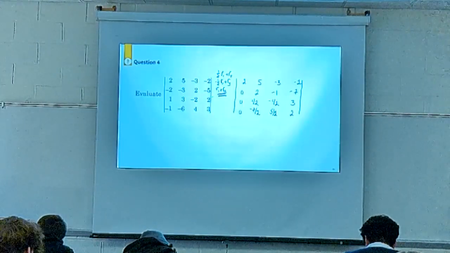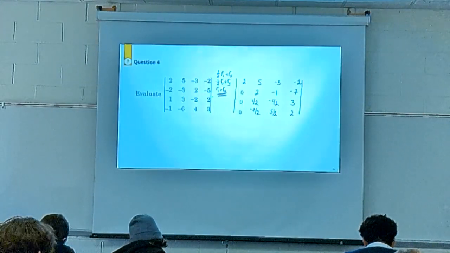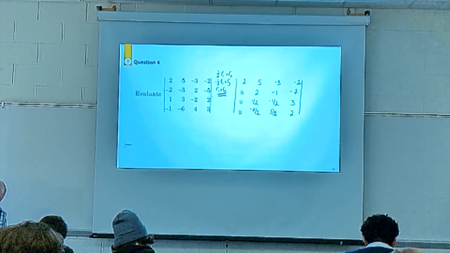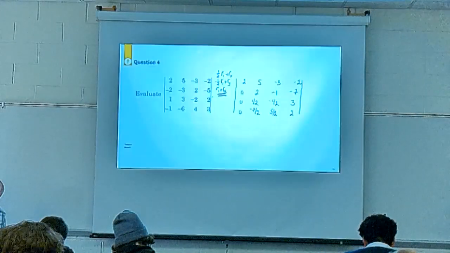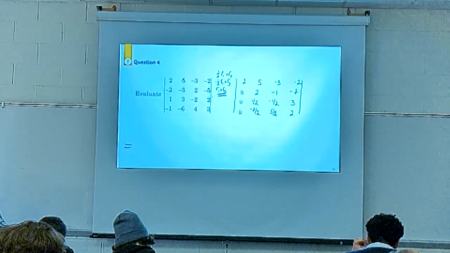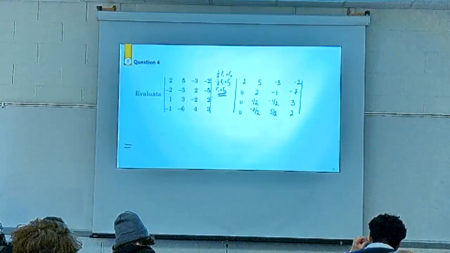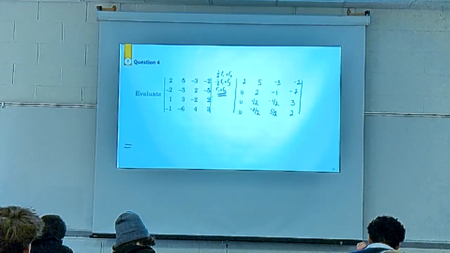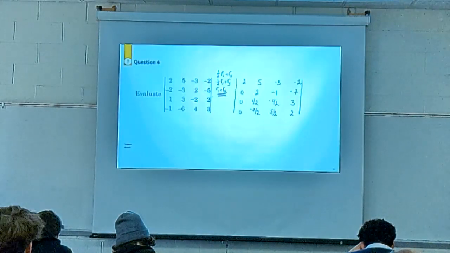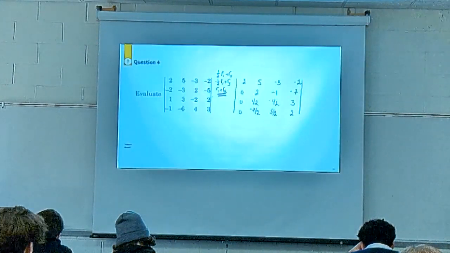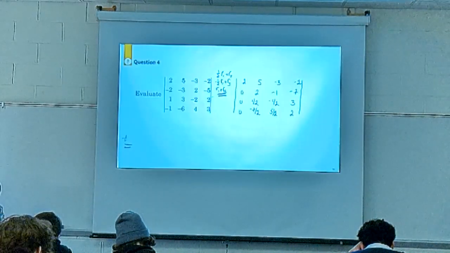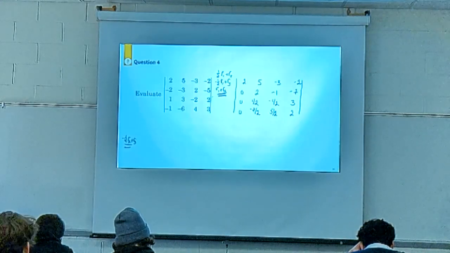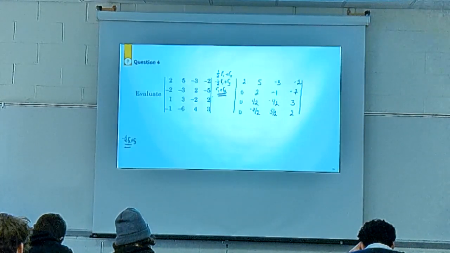Well, now we can easily zero out everything in the second column. What are we going to have to multiply 2 by to get negative a half? Negative 1/4. What about to get positive 7 halves? 7/4.